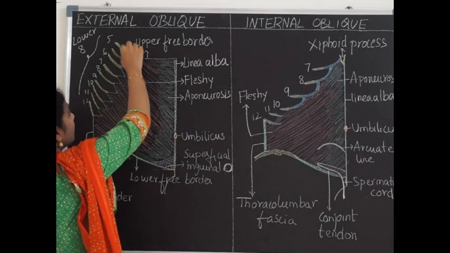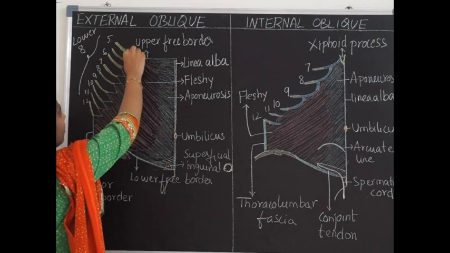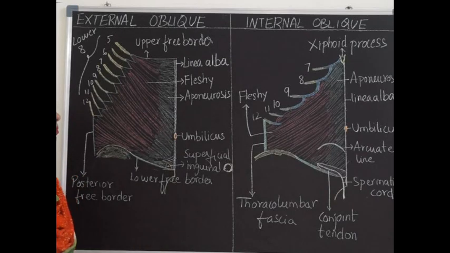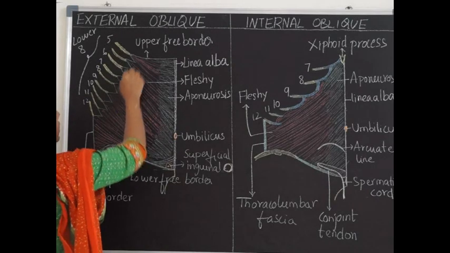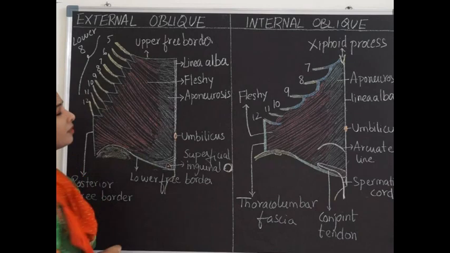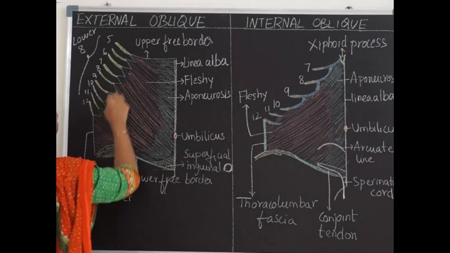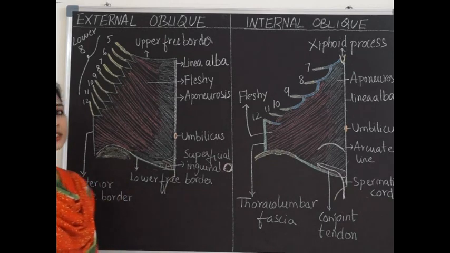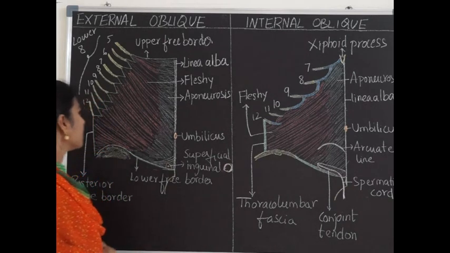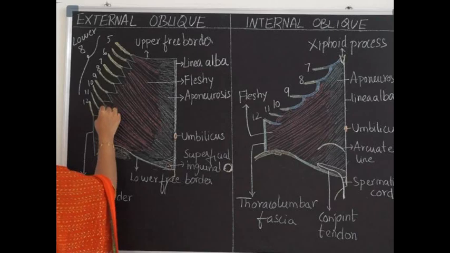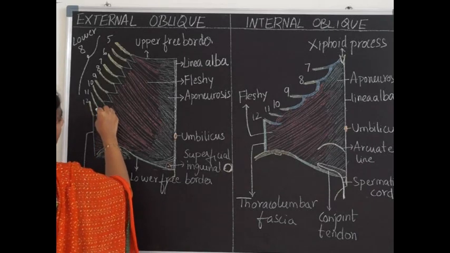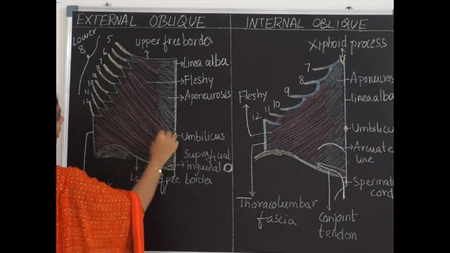The outer surface of the middle of the shaft will give origin to the external oblique muscle. Upper 4 digitations will interdigitate with the serratus anterior muscle, and lower 4 digitations will interdigitate with the latissimus dorsi muscle. After its origin, the external oblique muscle runs forwards and downwards.